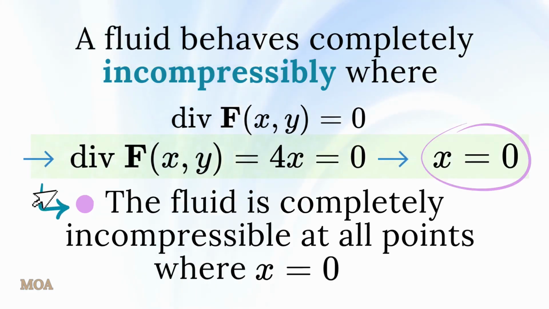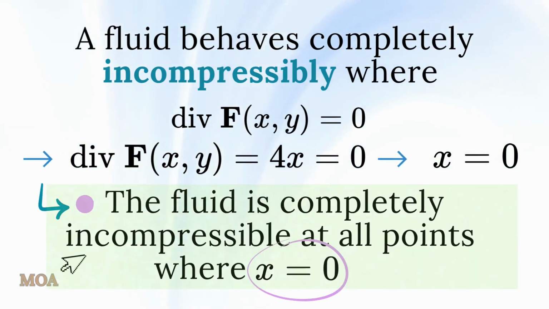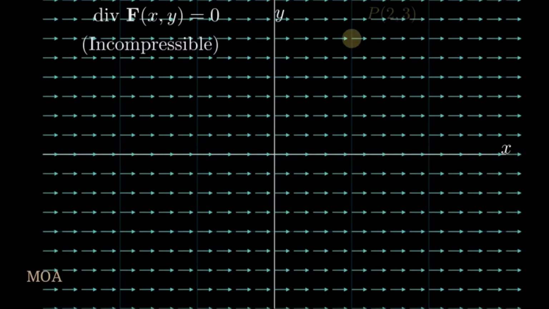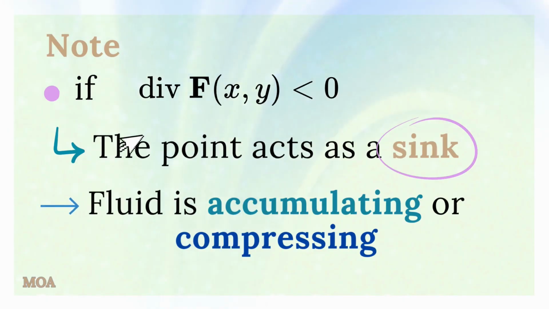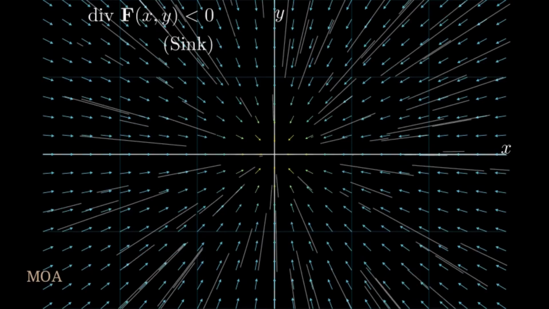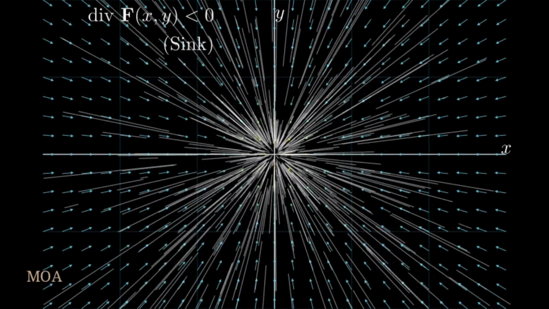By setting the divergence expression, 4x, equal to 0, it is found that x must equal 0. Therefore, the fluid is completely incompressible at all points where x equals 0, namely, at all points along the entire y-axis. Note, if the divergence of the vector field F is less than 0, then the point acts as a sink and fluid is accumulating or compressing.